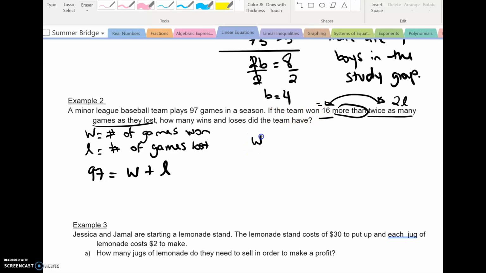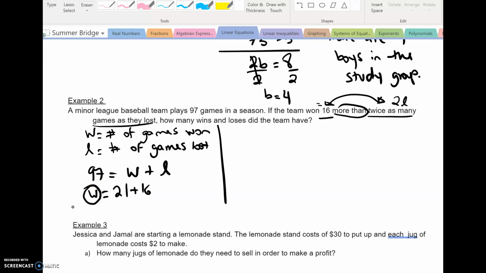So I'm going to say W is going to equal 2 times L plus 16. Now I'm actually going to write it down here just to keep ourselves a little bit organized. Knowing all of this, I need to determine how many games they won and how many games they actually lost.